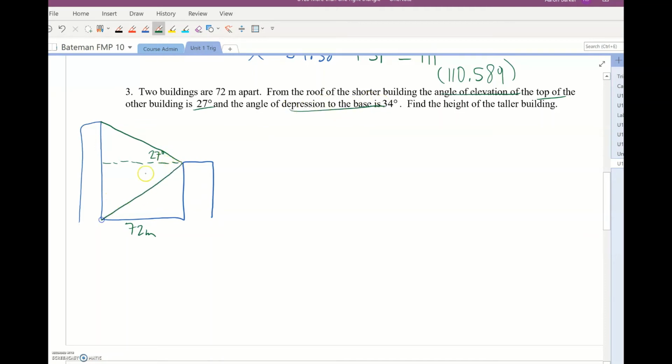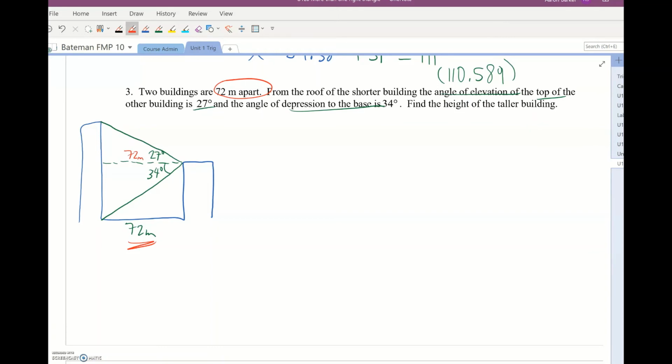So the horizon down right here is 34 degrees. The key point is that the buildings are 72 meters apart. At the base it's 72, but it's also 72 meters right here at the top of the smaller building.